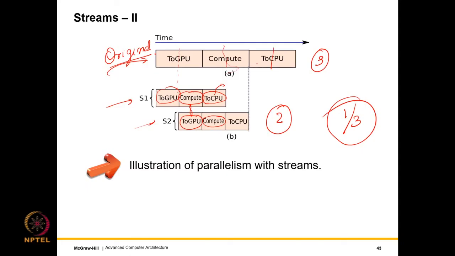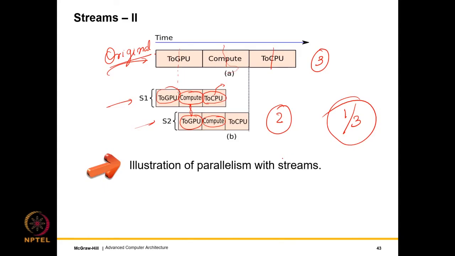And what we basically did is that after dividing them into 50%, we achieved an overlap. Once we achieved an overlap, we were able to reduce idleness or wastage of time.